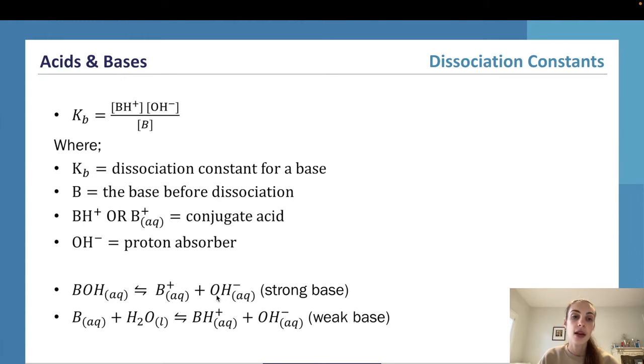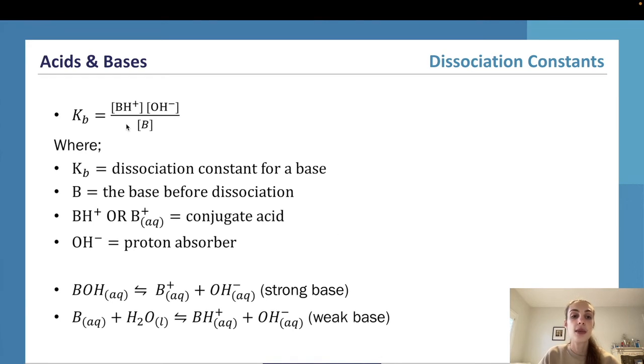And then we can have our weak base, where we've got B, which is our base, added to water, and then that B accepts a hydrogen ion from the water to become BH+, and then the hydrogen ion from the water, when it's been lost, we're left over with OH-. And so that's for a weak base.